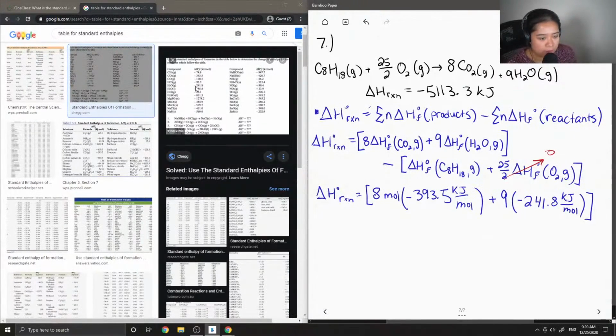Okay, so that whole thing minus what we are looking for, which is the delta H of formation of C8H18 gas.